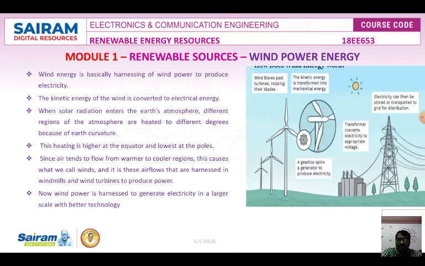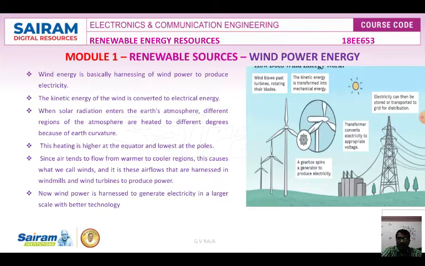When solar radiation enters the earth's atmosphere, the different regions of the atmosphere are heated to different degrees because of the earth's curvature. Since this heating is higher at the equator and lowest at the poles, air tends to flow from warmer to cooler regions.